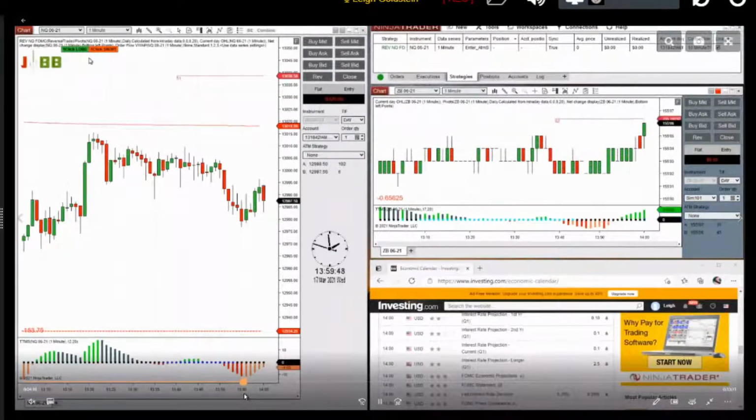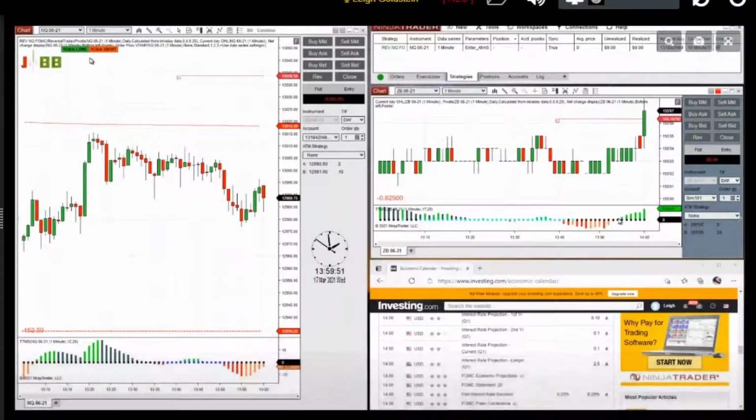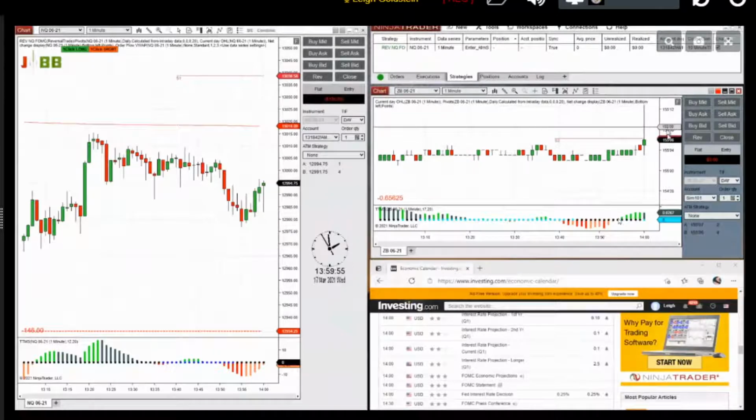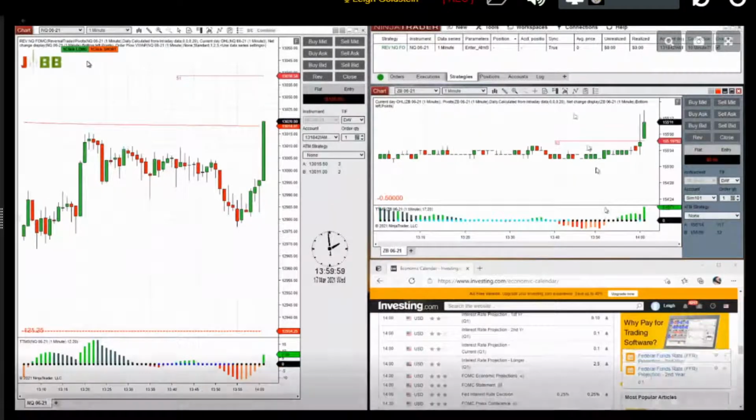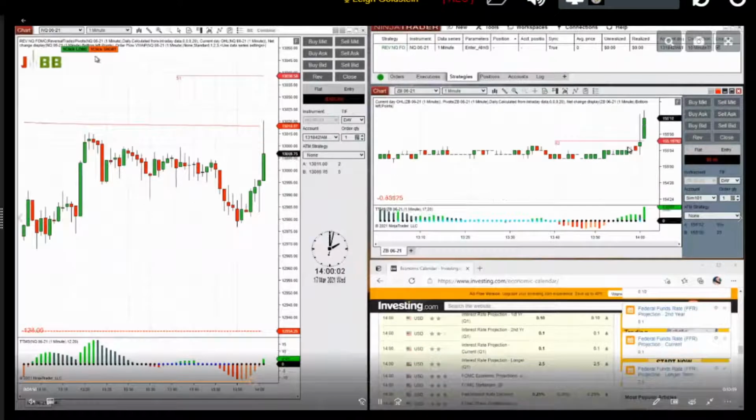Look at that. That was a pretty volatile little pop. It wasn't huge, but it was a little bit unusual. And then as the news came out, let's watch the bonds and see if they followed through or not.